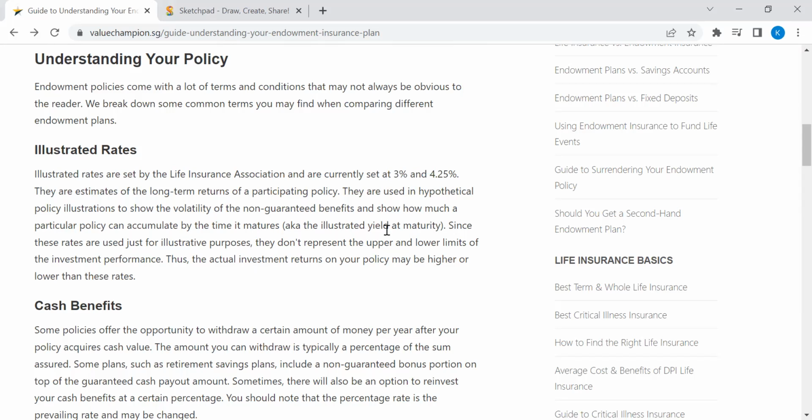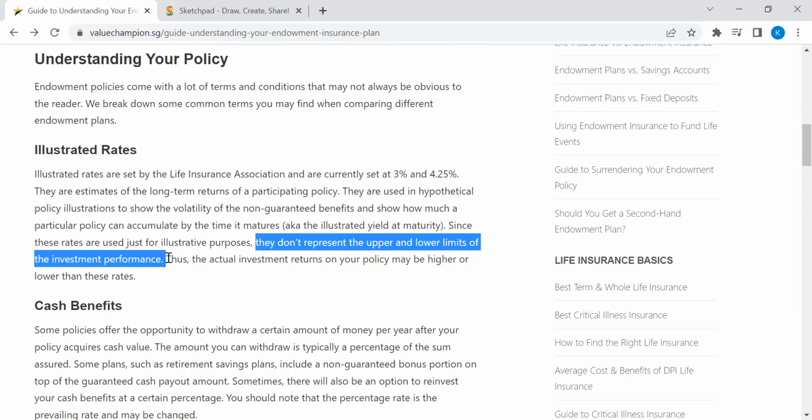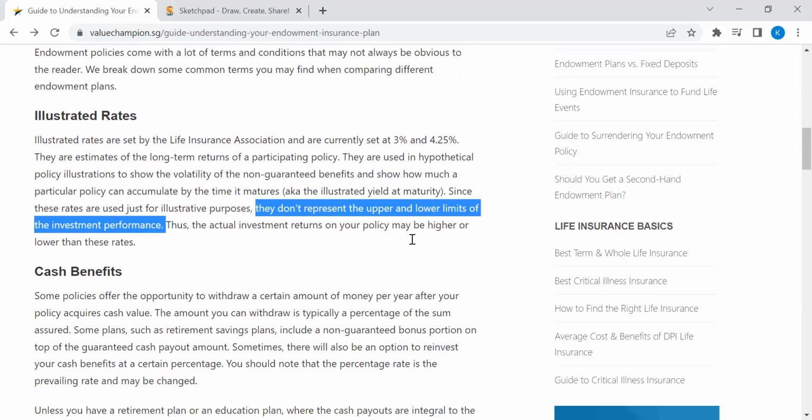Of course, it can go higher than 4.25%, and it can go lower than 3%. It's an industry standard set by the LIA, Life Insurance Association, as they don't represent the upper or lower limit of the investment performance. This is to give you a feel of how your investment value will perform under different kinds of market conditions.